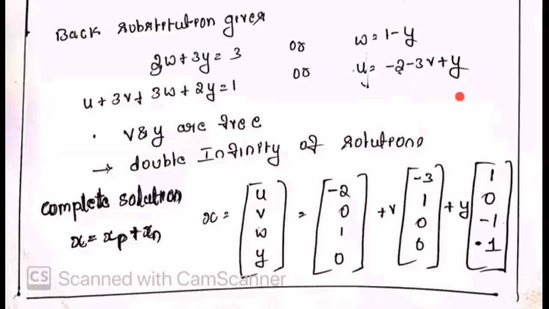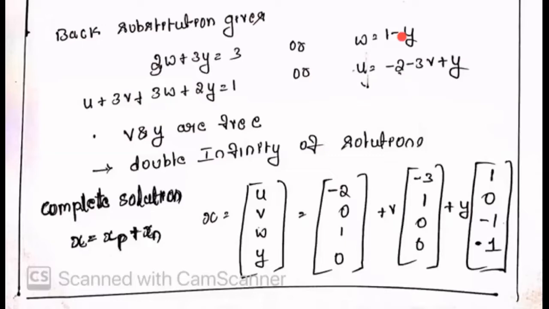Okay, same thing is there, I have written it in the matrix representation. That's all. And v is a free variable. Since v is a free variable, you don't have any substitution for it. So the constant is 0, and in the v position it becomes 1, in the y position it becomes 0. And similarly for w, what is w? 1 minus y is there. So you have 1 as a constant and minus 1 as the coefficient for y.